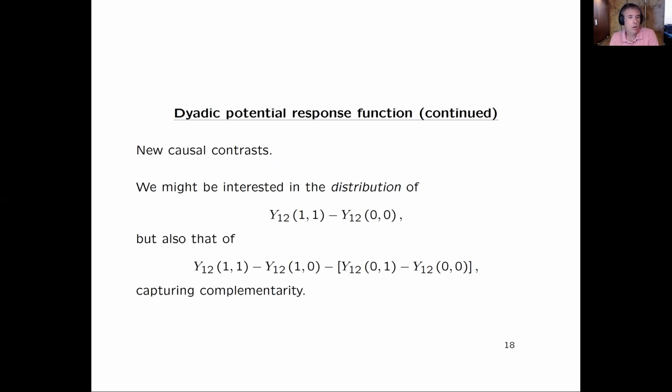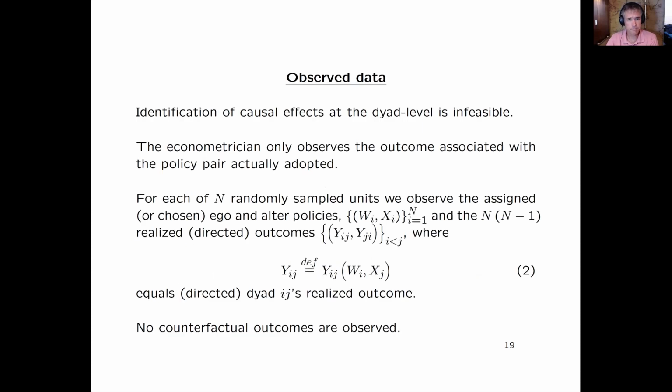But we might also be interested in the distribution of the second term, which is a double difference, which would somehow be related to complementarity. So is there really something special about both countries being members of the WTO relative to just one of them? And there's many other more exotic things we might look at.